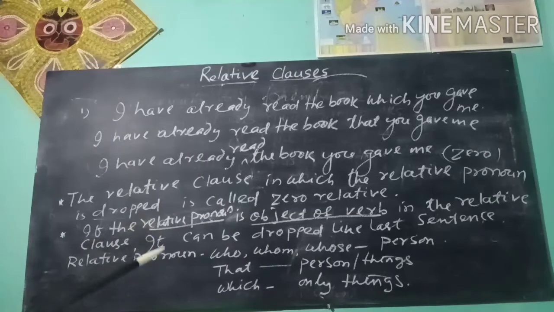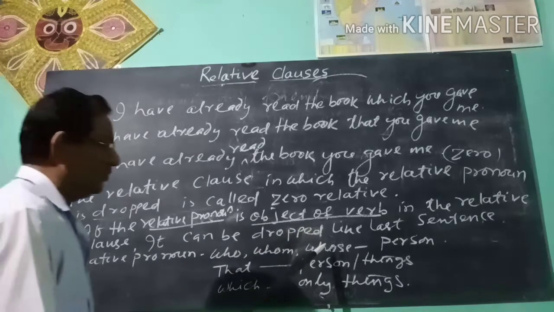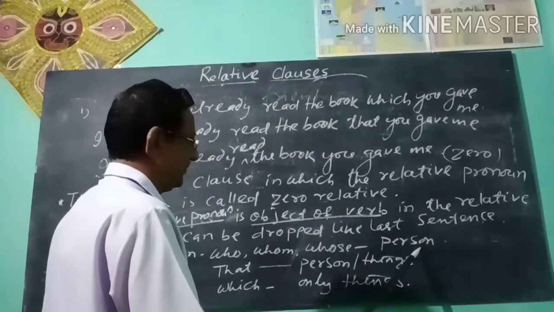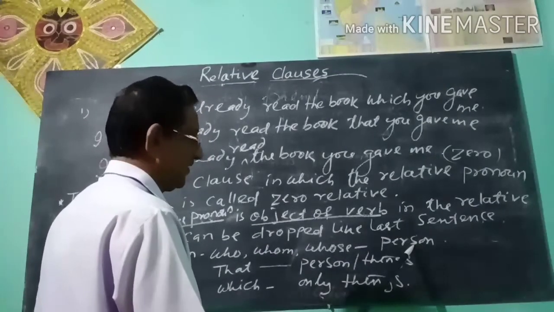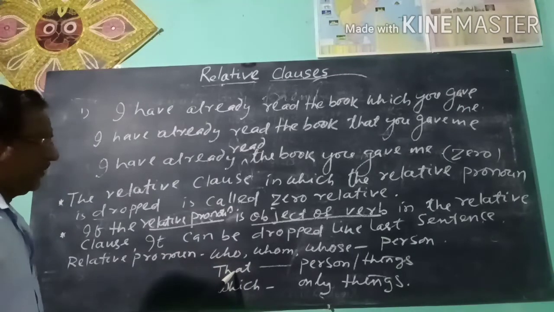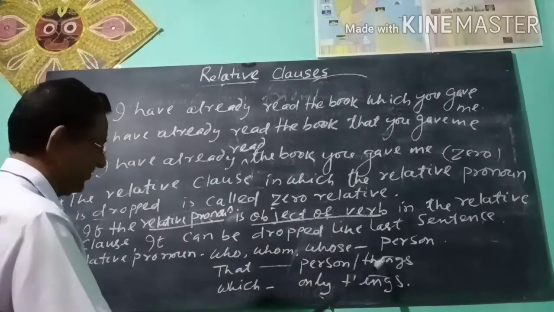Now you see which relative pronoun is used in which sentence. Relative pronouns who, whom, whose are used for persons. That is used for persons and things.